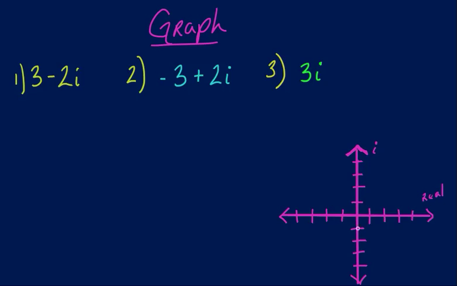And the vertical one that goes up and down is going to be our imaginary axis, so it acts like our y. Normally we're used to plotting something in x, y form, but now we have complex numbers, and they come out in what's considered standard form. Standard form is a plus bi.